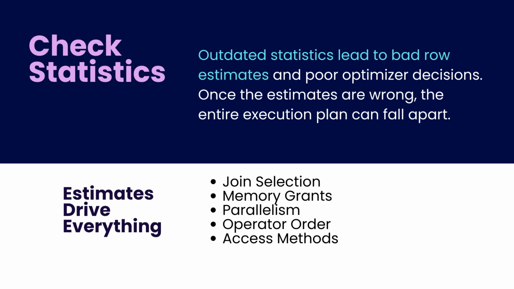Statistics are how SQL Server estimates reality. So when statistics become outdated, the optimizer starts making decisions using bad math. And once estimates are wrong, the entire plan can unravel. This is why advanced tuners obsess over cardinality estimates, because execution plans are only as smart as the information SQL Server has available.